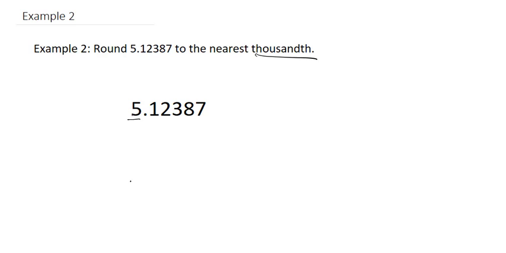And then now we're going to move to the right of the decimal, which is the tenths to the hundredths to the thousandths. Let's underline that thousandths place. Now we're going to circle the 8 because that is the next digit that we're looking at to see if we round up or down. As 8 is between 5 to 9, we know we are rounding up.